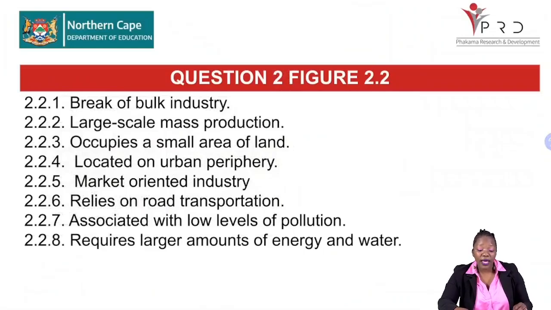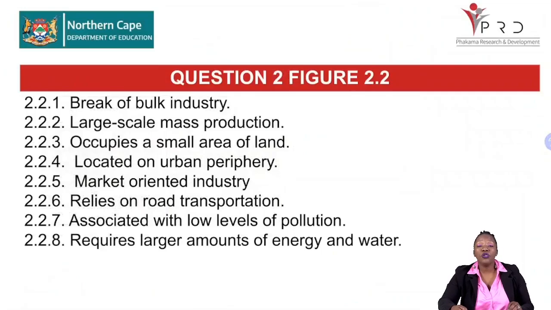And then number 5 is the market-orientated industry. So you should ask yourself what type of the industry is market-orientated. And then number 6, it relies on road transportation. And then your number 7, associated with low levels of pollution. And then your number 8 requires a large amount of energy as well as water.